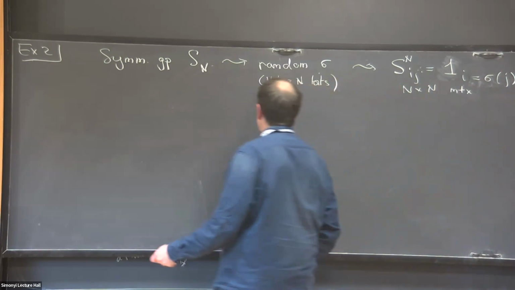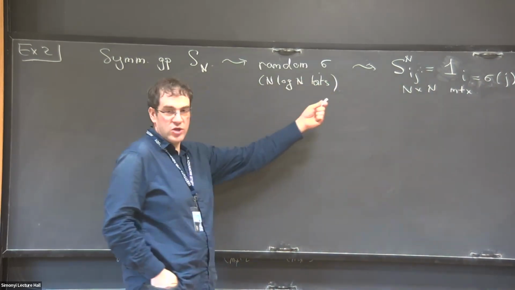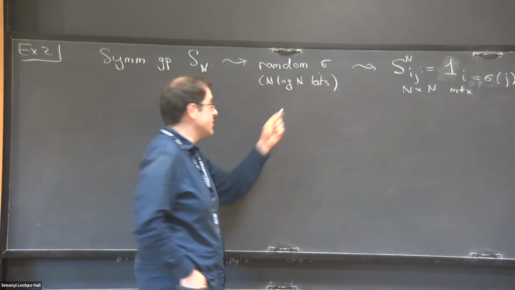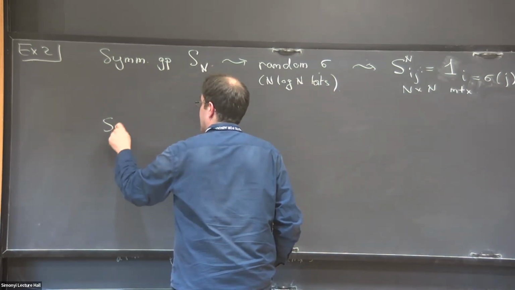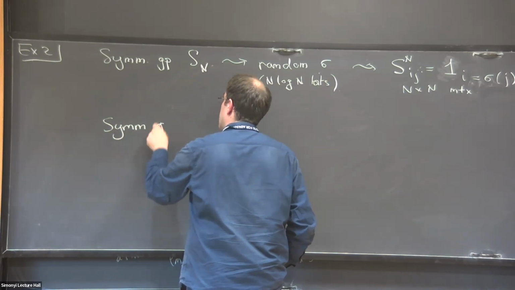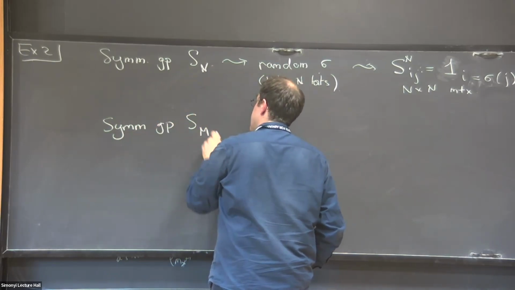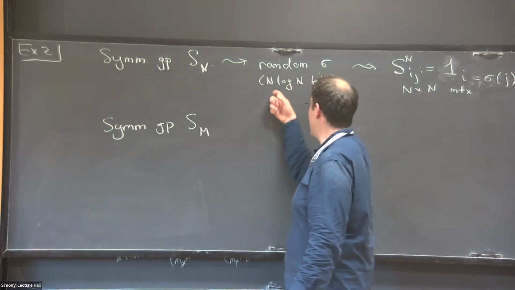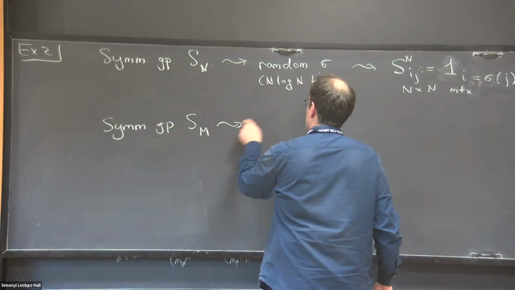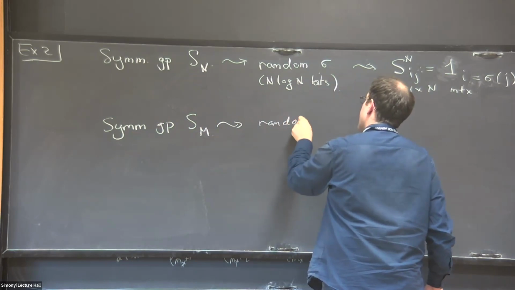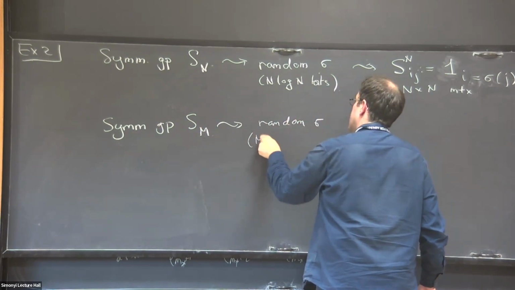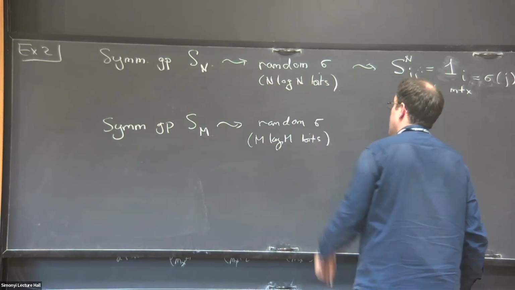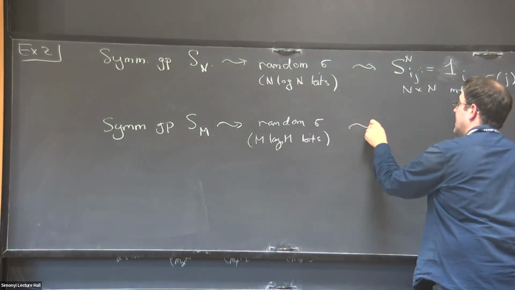Now what I'm going to try to do is also generate an n by n random permutation matrix, but with many fewer bits. How will we do that? Let's take a much smaller symmetric group, S_m. You should think of this m as being much smaller than n. So now I have only m log m bits.